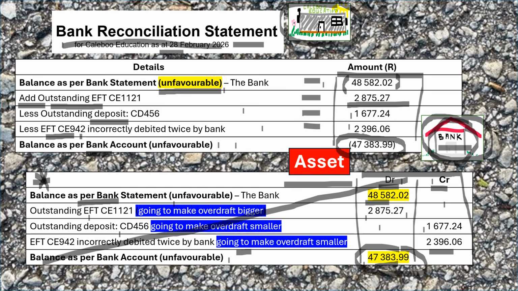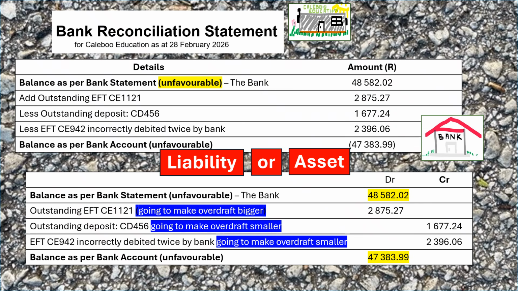So at the end of the process, the reconciled bank reconciliation statement balance will equal the balance of the bank account in our books, and I'm going to show you how to do that.